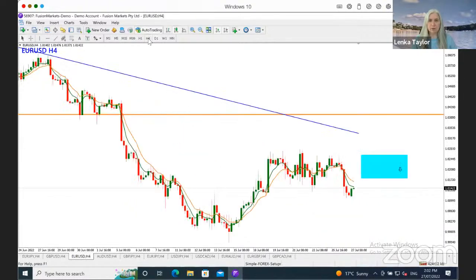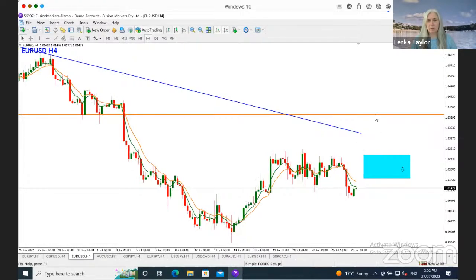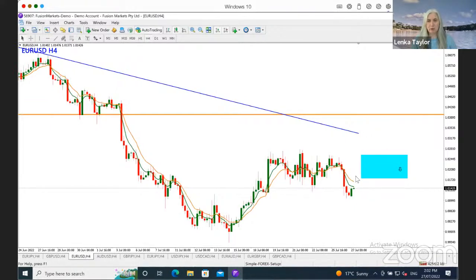We will have a look on the 4-hourly. If we get price action going further up to the previous trend line or to the previous level of support, then I'll be looking for short. Otherwise, if from where it is now it starts to continue back in the downtrend, we can also look for just an entry to continue with the current trend.